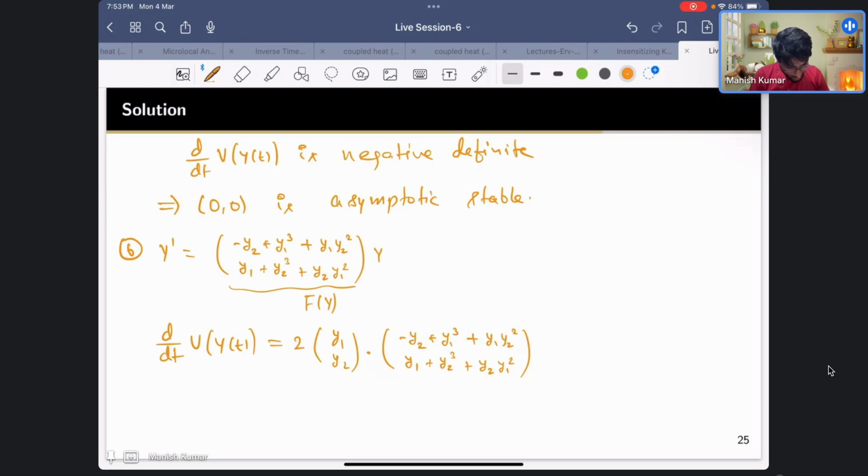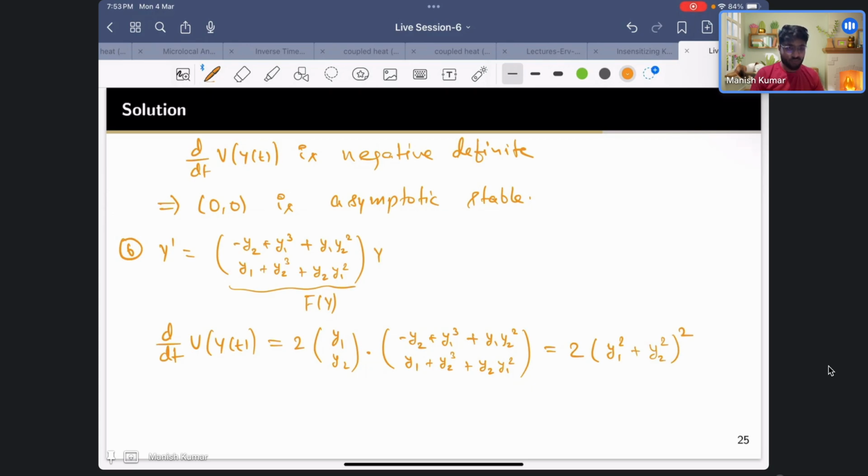And now if I calculate this dot product, what I get is 2 times, so this y1 y2 again will cancel out, and everything will be in plus, so I can directly write this would be (y1 square plus y2 square) whole raised to the power square. So this is what we get, right?